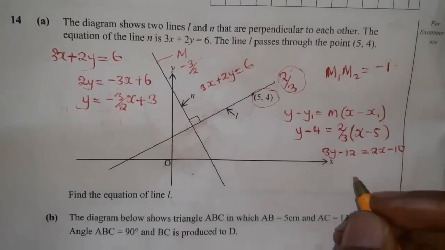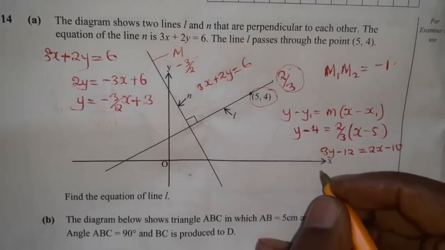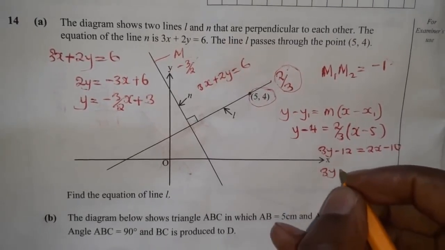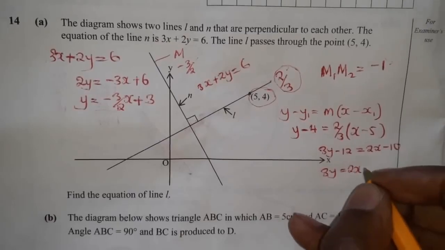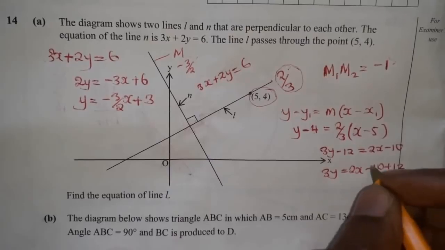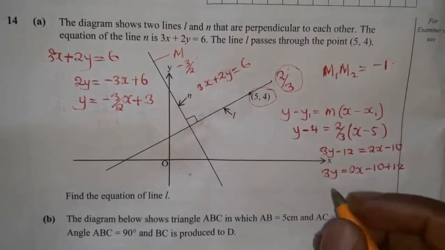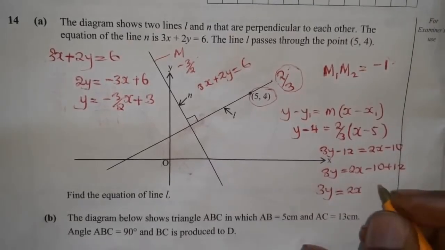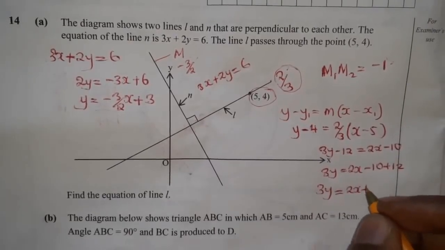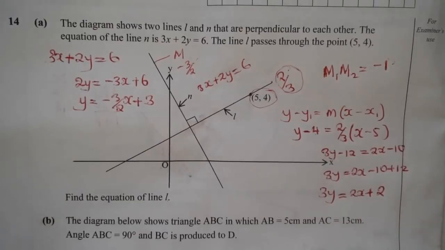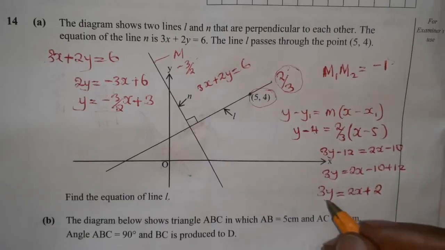We put the like terms together: 3y equals 2x minus 10 plus 12, so 3y equals 2x plus 2.